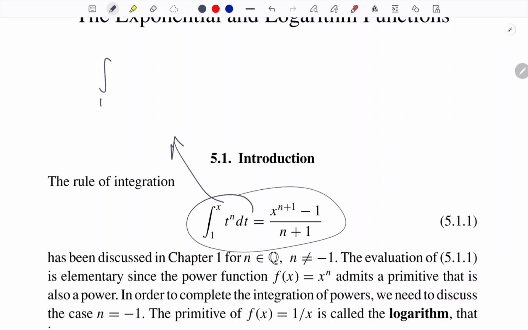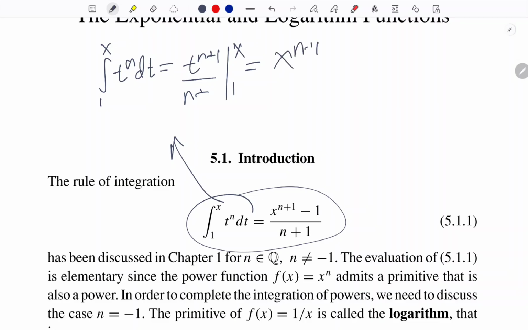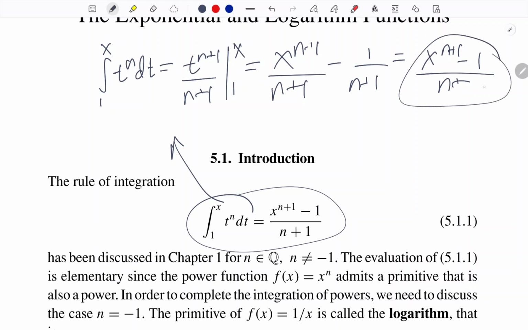He is integrating t to the n dt from 1 to x. It's t to the n plus 1 over n plus 1 from 1 to x. So t is replaced by x, giving x to the n plus 1 over n plus 1, minus t replaced by 1, giving 1 over n plus 1. That is x to the n plus 1 minus 1 over n plus 1.